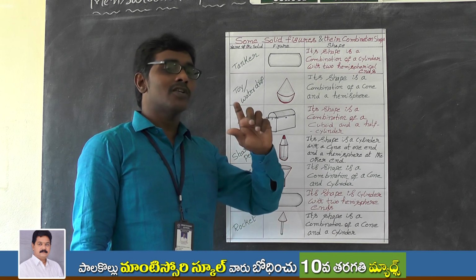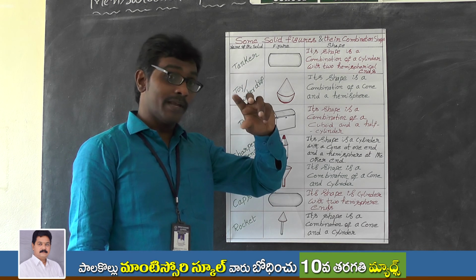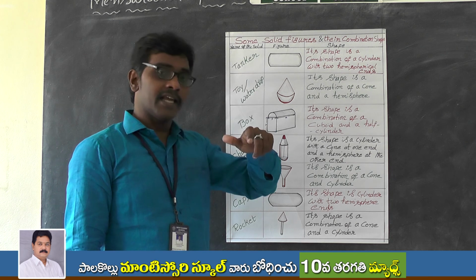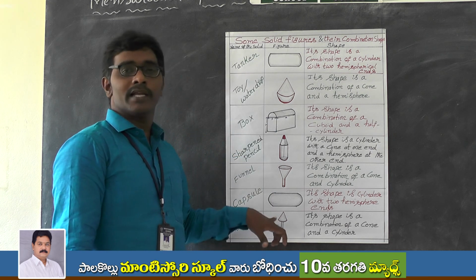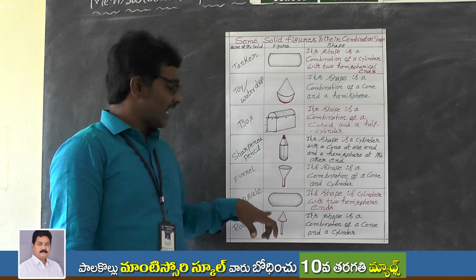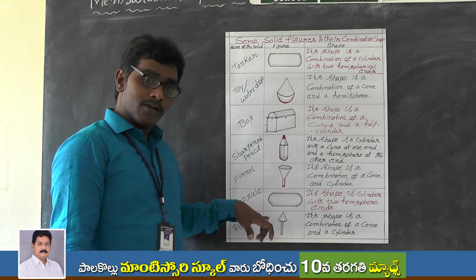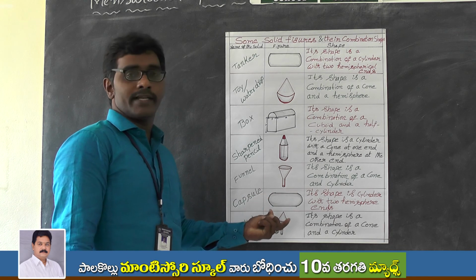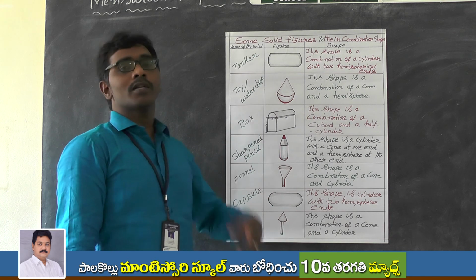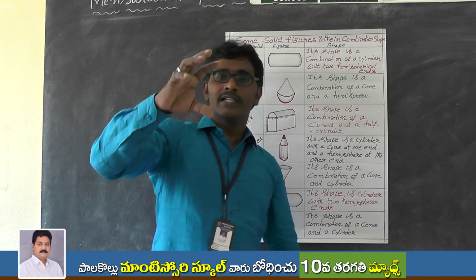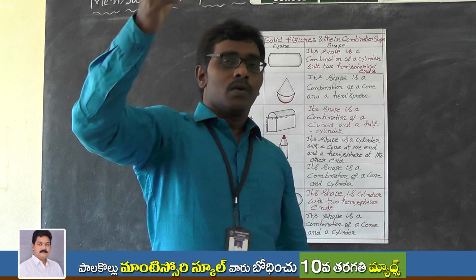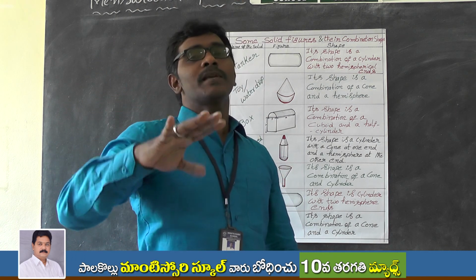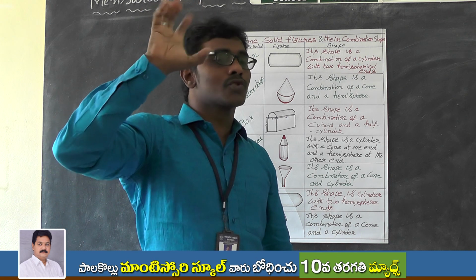Immediately find out how many solid combinations are there. It is two combinations, one is a cone and another one is a cylinder, forming one solid. Take the water drop: it is a combination of a cone and a hemisphere, forming one solid.